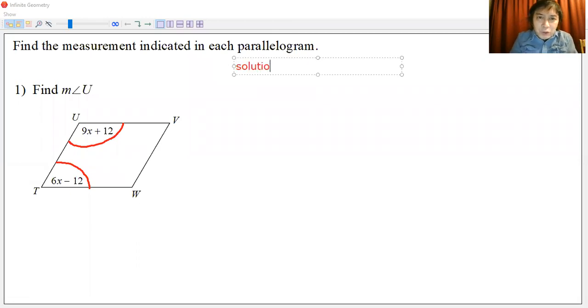So for our solution, we can set up the measure of angle U plus the measure of angle T. Angle U plus angle T must be equal to 180. This will be in words, okay? Angle U plus angle T is equal to 180.